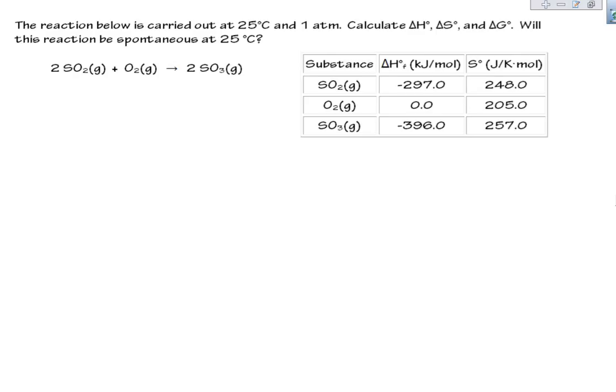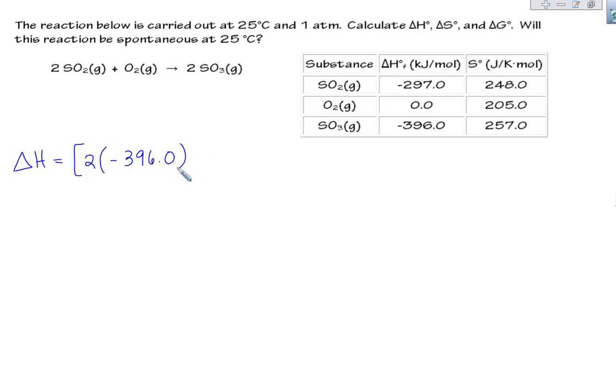Delta H. Let's do that guy first. Delta H, products minus reactants. So we're going to go 2 times that sulfur trioxide, negative 396.0. And again, just for convenience, I'll leave the unit out, but I promise I'll put them in at the end.